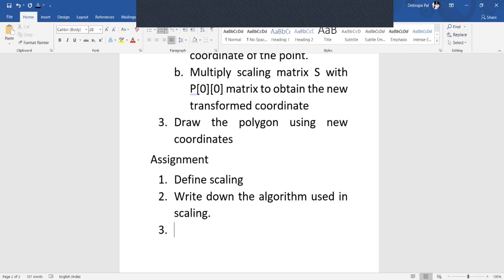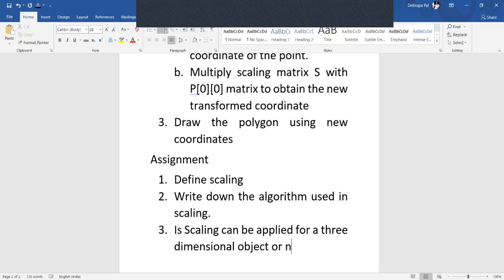The third one is: can scaling be applied to a three-dimensional object or not?